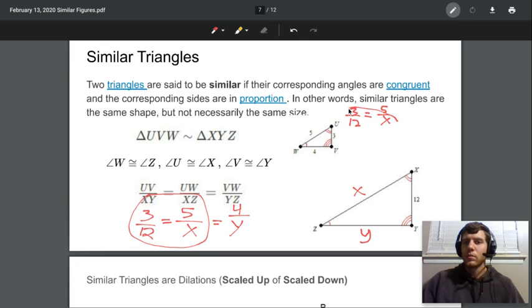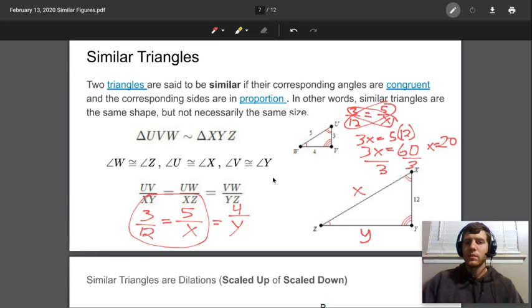So 3X equals 5 times 12, which is 60. Divide by 3, and we get X equals 20. So 3 over 12 is going to equal 5 over 20.